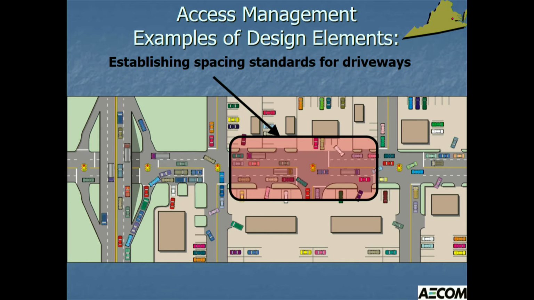But on the other hand, because we're in a multimodal world, we have to be sensitive to the fact that, okay, we provide a greater turning radius, we provide an auxiliary lane, now there's a greater distance for pedestrians to cross. So as with everything else in life, it's a matter of balancing, coming up with the right balance between maintaining traffic, yet adequately, reasonably providing for other users of the roadway.